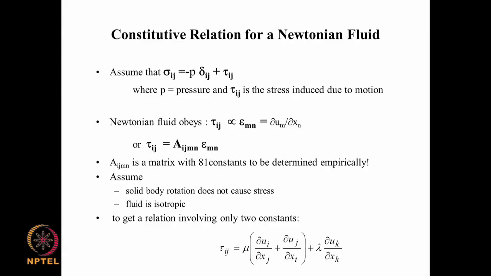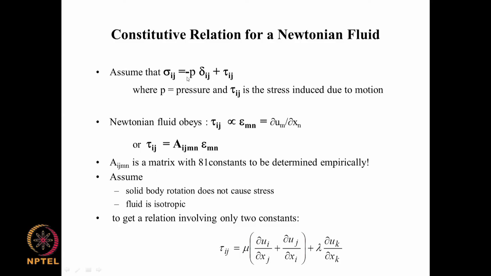So, armed with this, we can go back to our original formulation and we can very briefly touch upon how we can derive the Navier-Stokes equations. So, we have the stresses sigma ij, and we first decompose this into two components: pressure, which is a known property of fluids, and we know that pressure is compressive.